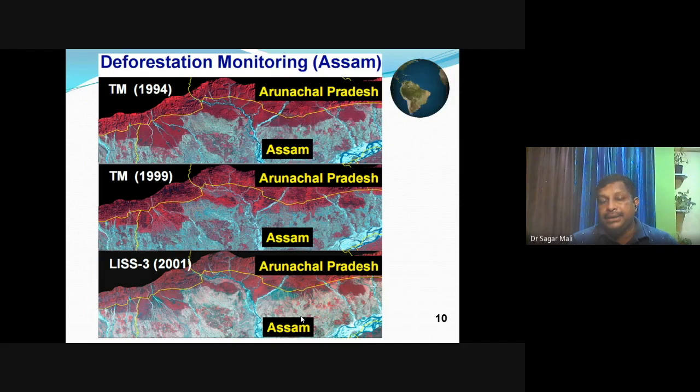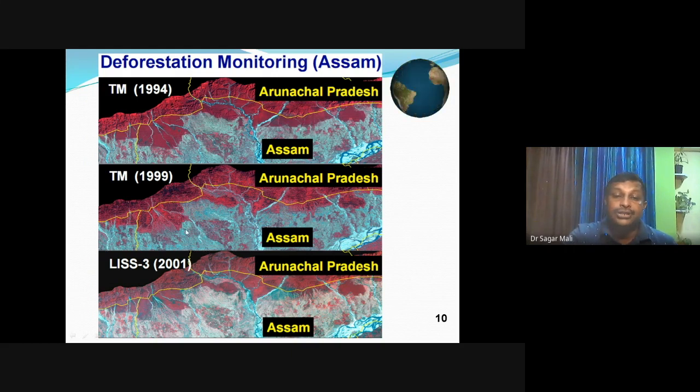Next, deforestation. Deforestation is happening very rapidly in India as well as in the world. Taking the example of the Assam area, you can observe this portion is very green in this thematic mapper image from 1994. But in 1999, after a time span of 5 years, how much area has been deforested?